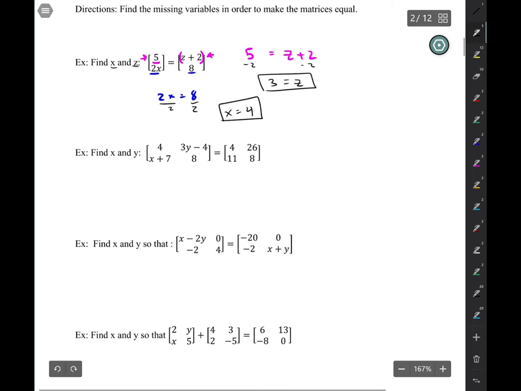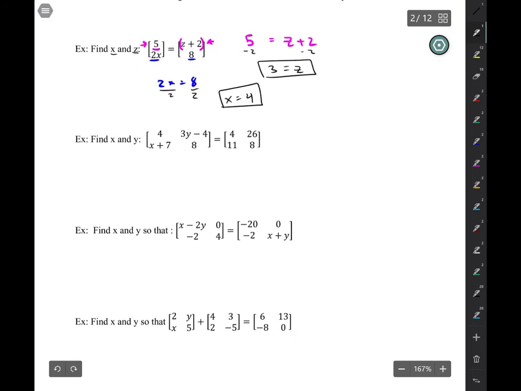One that's a little more challenging, so let's find x and y. We have a little bigger matrices. It is important to notice kind of how they're broken up. So I like to draw little dashes in there just to kind of help me recognize things. Right off the bat, we could see, hey, 4 and 4, those are good to go. The 3y minus 4 and the 26, those must be equal. So I'm just going to set up my little mini equation.